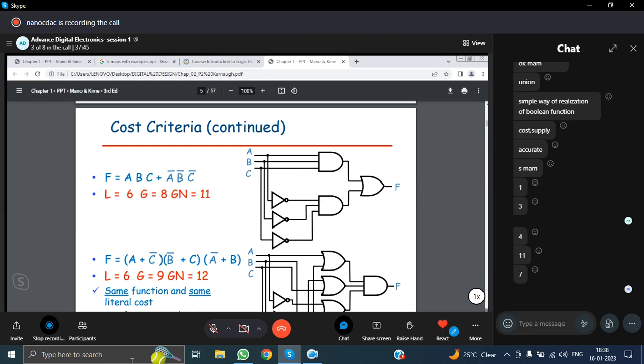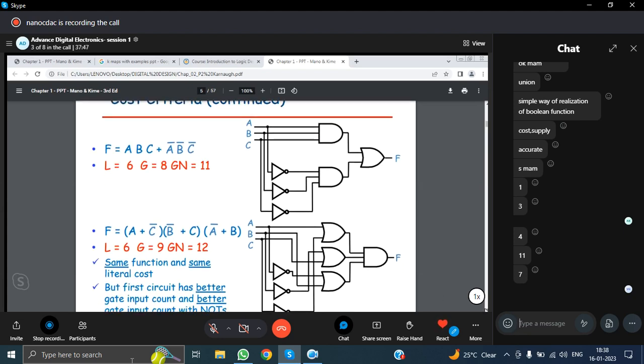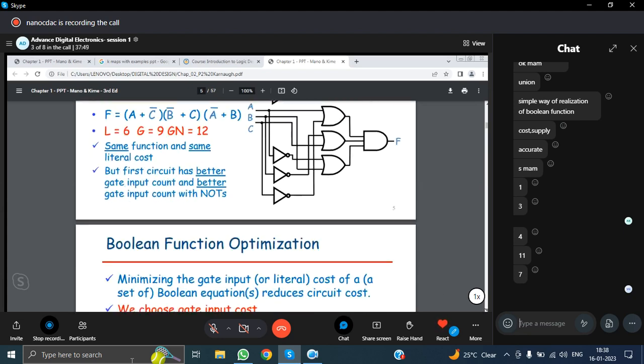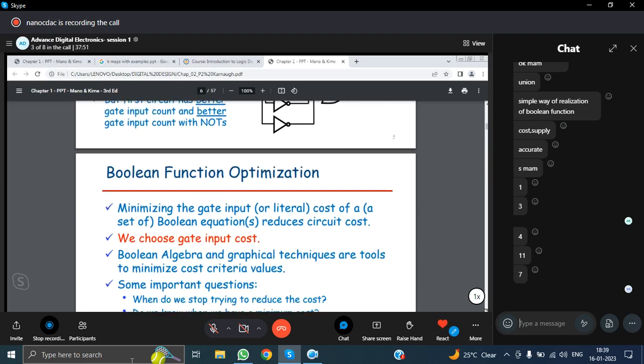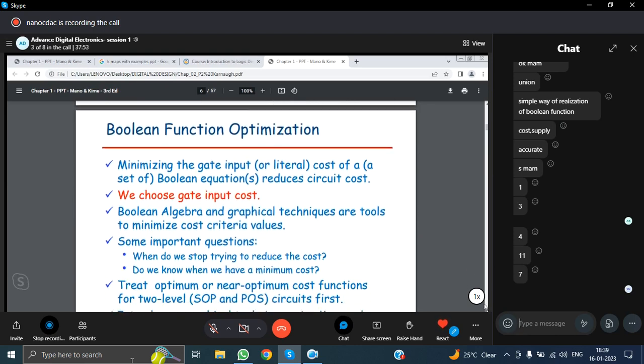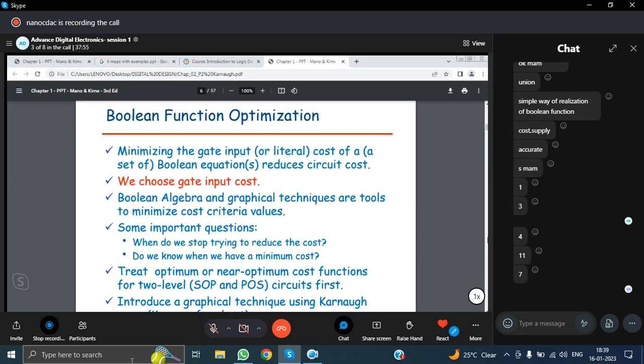Why? Because I can save at least 10% of area and at least 10% of the cost. This way KMaps are useful to minimize the function. We will be using KMaps, which cut the cost. The ultimate goal is cost cutting and also area optimization.